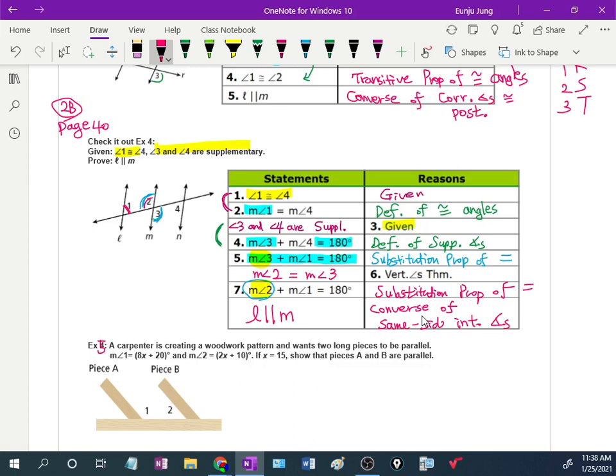They are not congruent, so don't write congruent here, okay? Same side interior angles theorem. That's it. So you must know we are using converse to prove the backwards of the process, okay? Two lines are parallel. You must have converse in your reasoning.